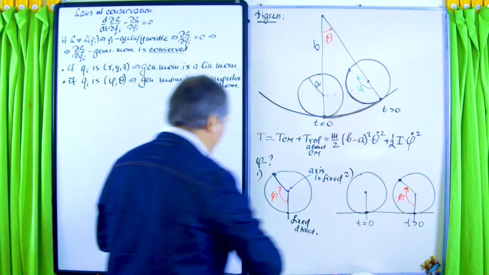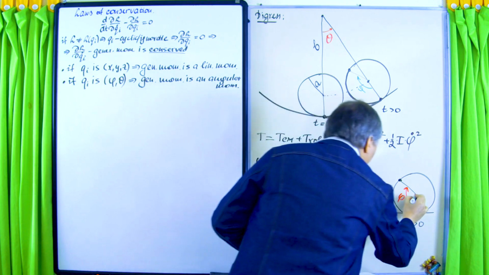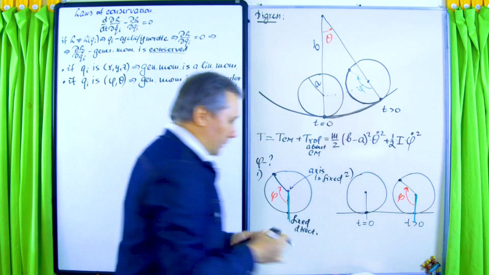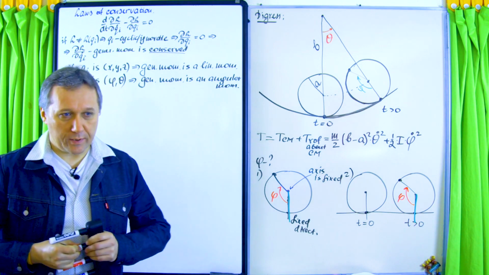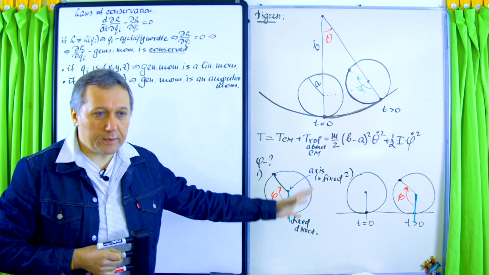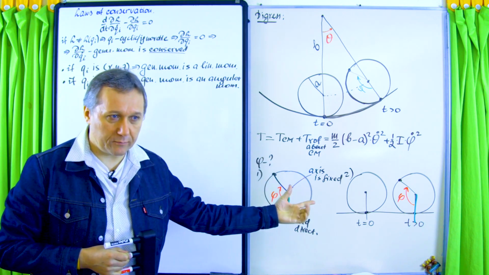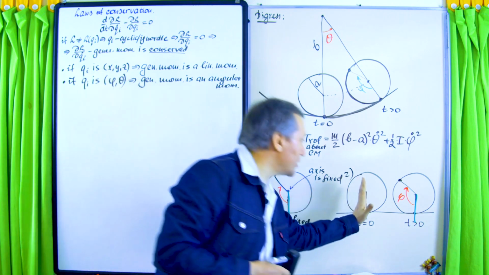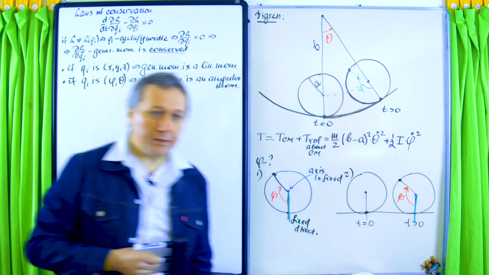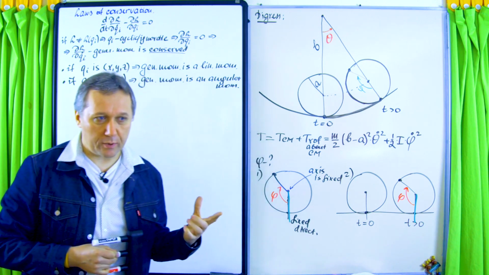Maybe I should use this green. Okay, so that's our direction from which we measure the angle. So in this case, again, there is only rotational motion about the center of mass involved. Yes, we have translational motion of the disk, but it doesn't contaminate the rotational motion about the center of mass.